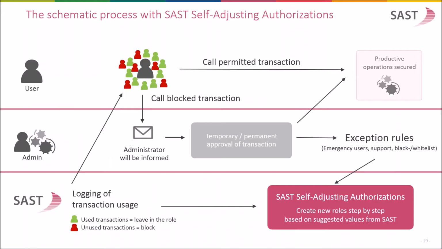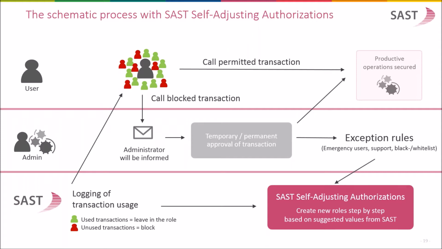So this is the complete process. You see the red ones, the green ones, and even if he's just using a still blocked transaction, the administrator will be informed directly, and with this permanent or temporary approval of this transaction, the end user can work directly in the productive system again and can start his activities as used and as promised.